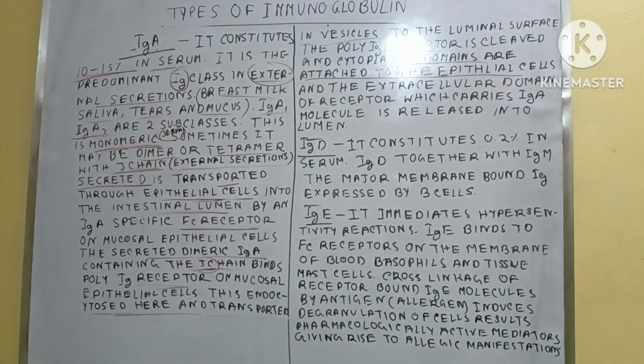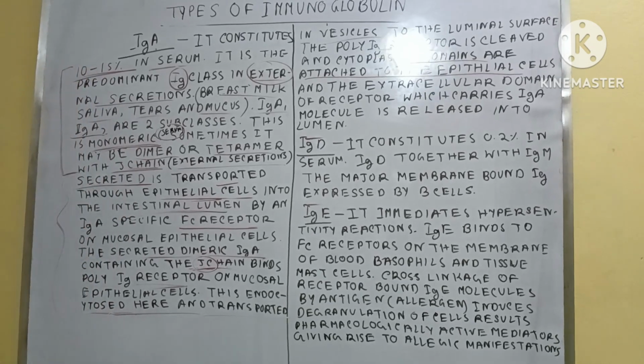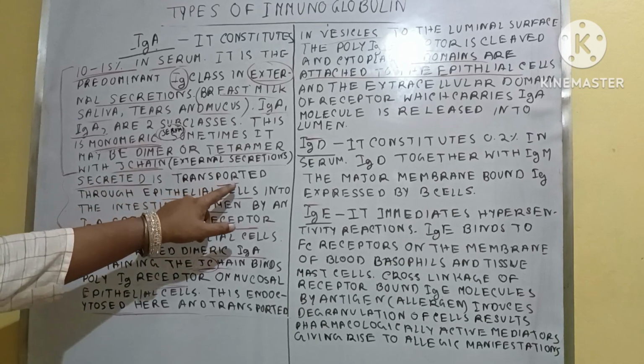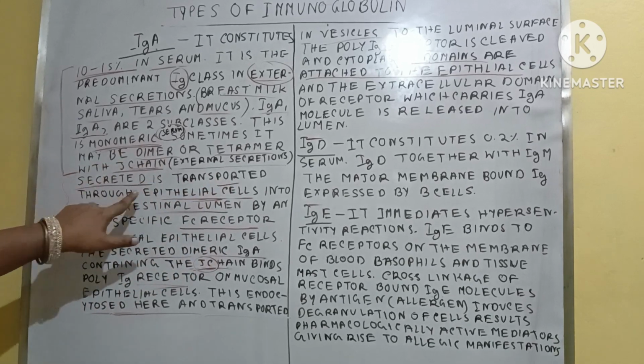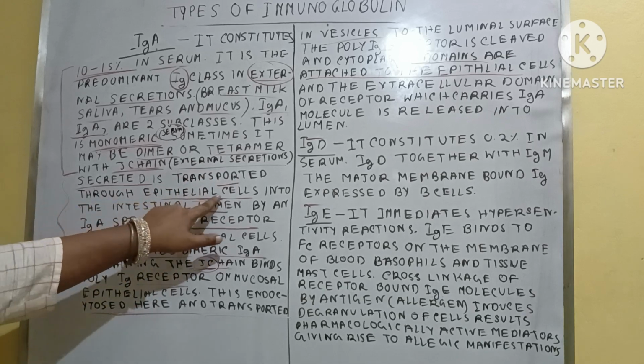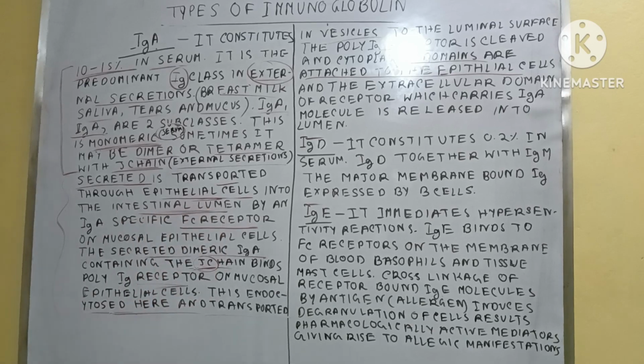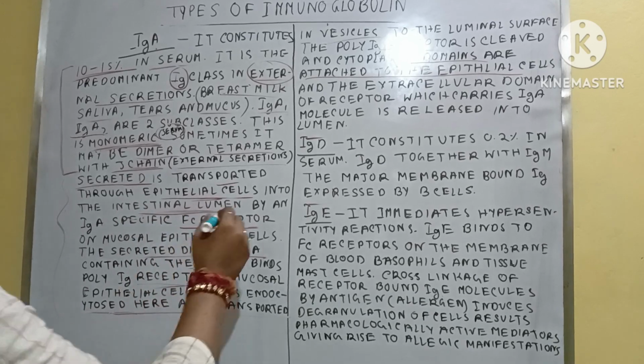So what is happening here? The secreted IgA molecule is transported through the epithelial cell into the intestinal lumen, and by what?